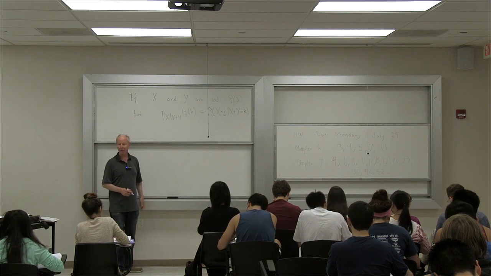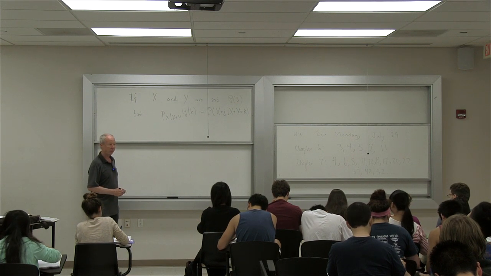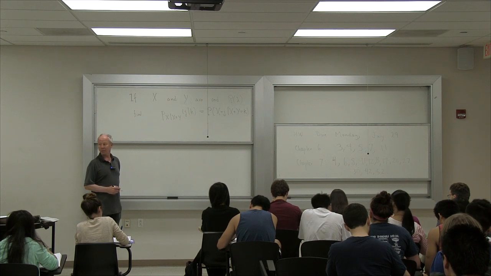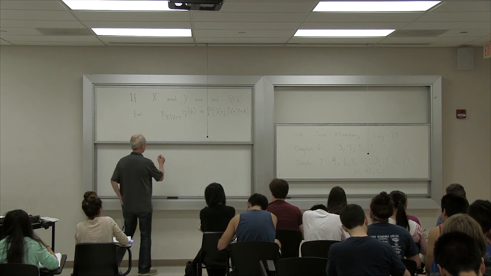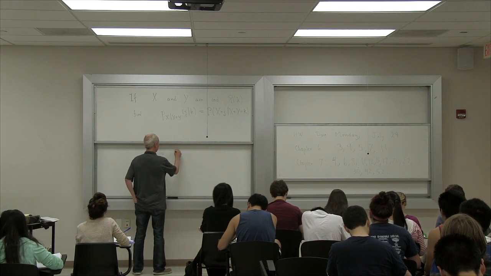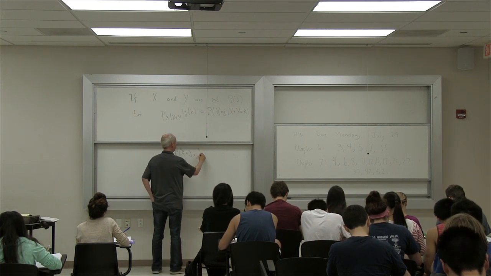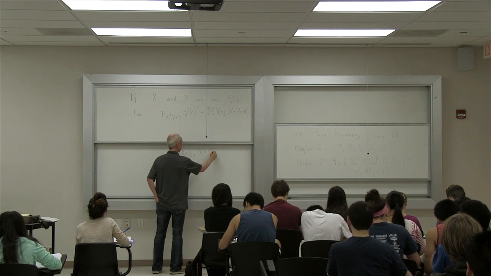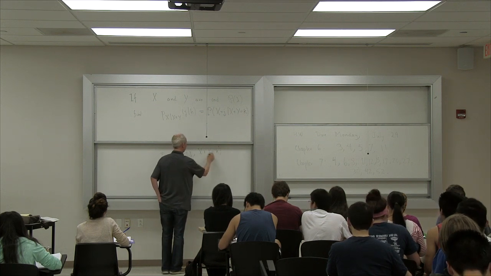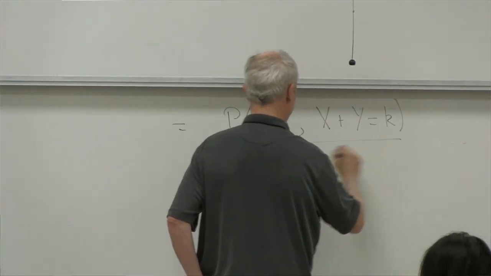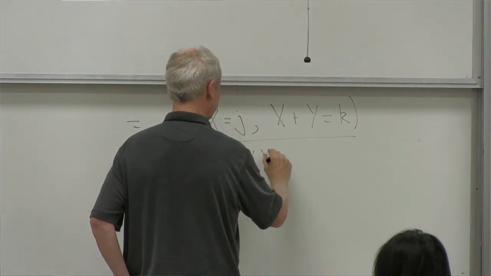The probability A given B is what? Right. That's the probability that x is equal to j and x plus y is equal to k, divided by the probability that x plus y is k.